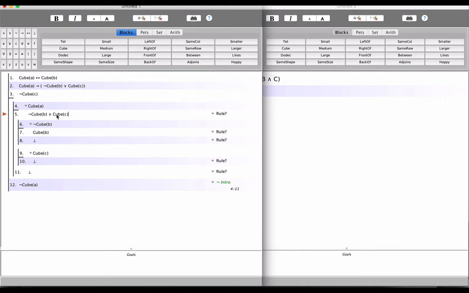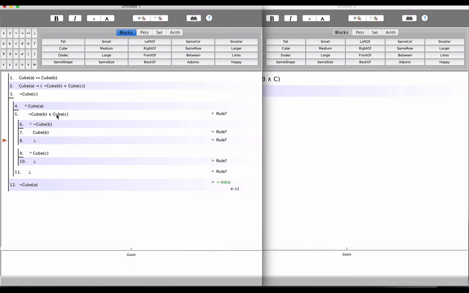So what we're saying is this. At line 5, we have a disjunction. So we set up disjunction elimination with the contradiction that we want to achieve at line 11 as our goal in each of the successive subproofs.